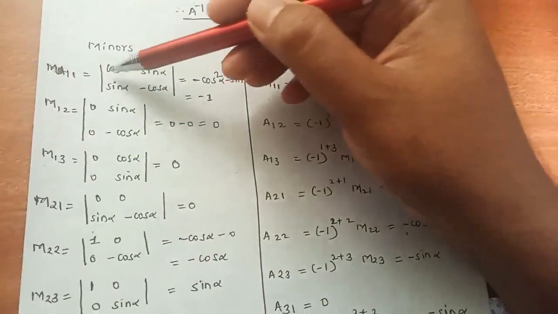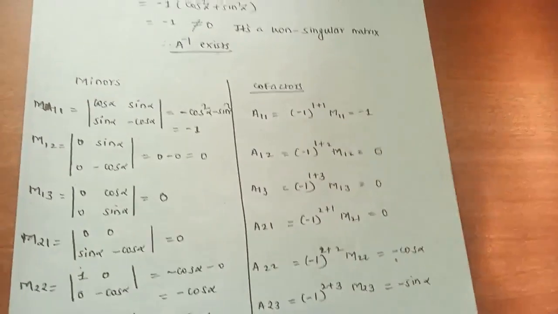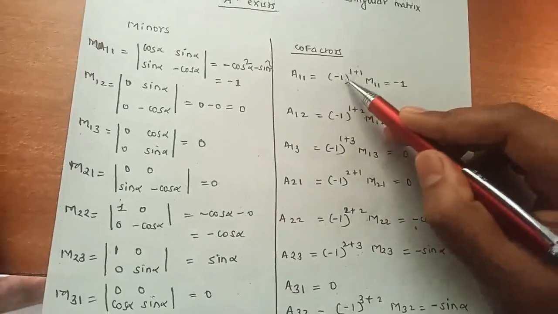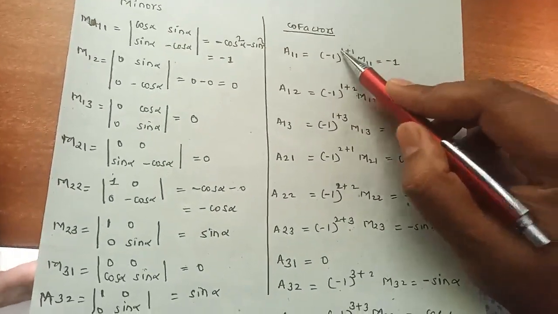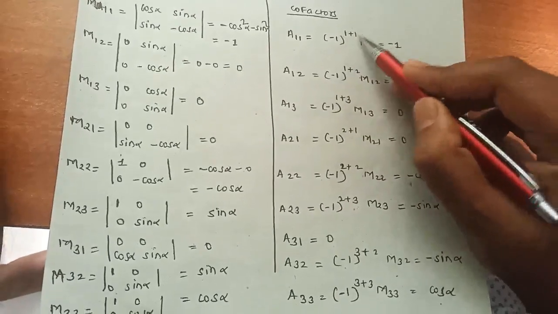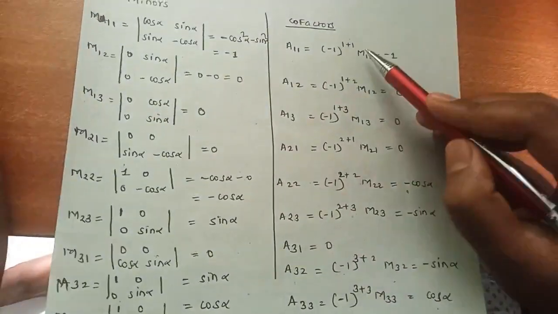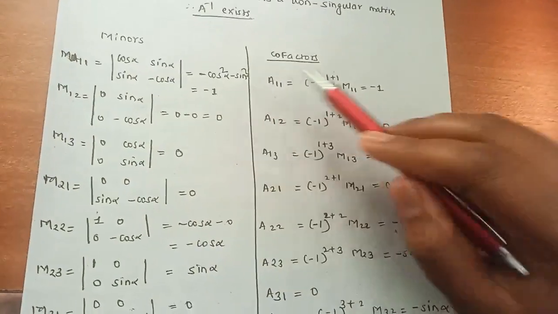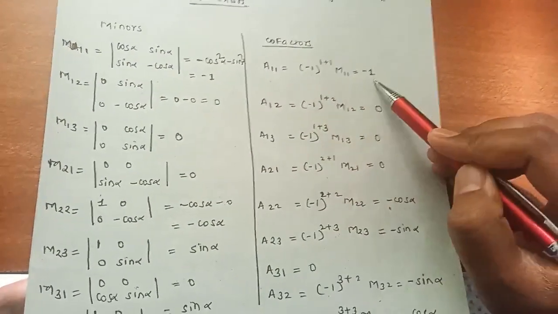So we got the minor. For the cofactor, again the same thing: minus 1 to the power of 1 plus 1, that means it lies in the first row and first column, into the minor of the first element. So multiply the minor and then we will get the answer. The minor is minus 1 into 1, so it will be minus 1.